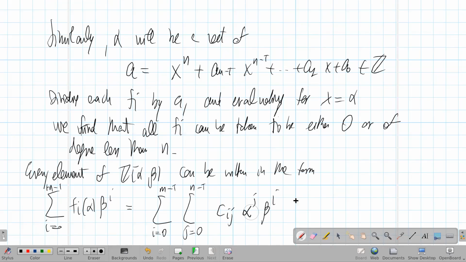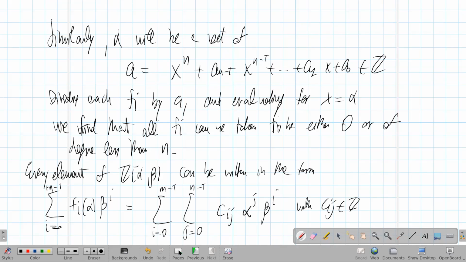With Cij integers. So I've simply expanded this polynomial Fi, and you see what's written here: all elements of Z[alpha, beta] are linear combinations with integer coefficients of these elements, of which there are at most, because some of them may be the same, n times m. Because j goes from 0 to n minus 1, and i goes from 0 to m minus 1.